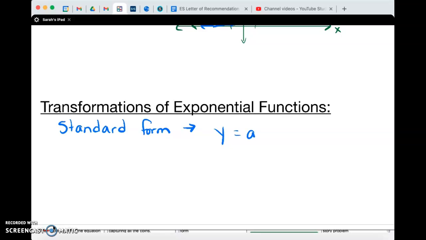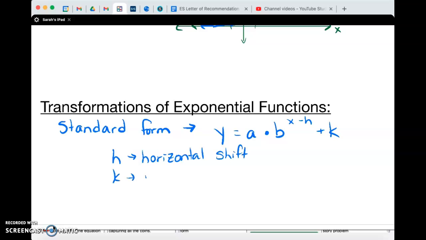We have y equals a times b to x minus h power plus k. Does anybody remember what h and k represent? Yeah, so h was the horizontal shift that you were talking about. K is the vertical shift.